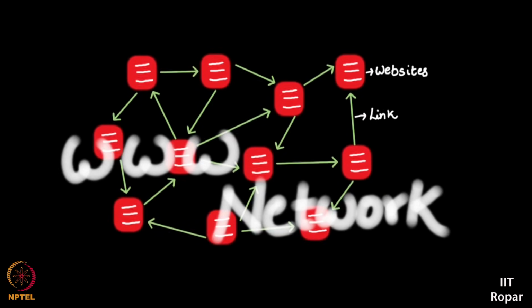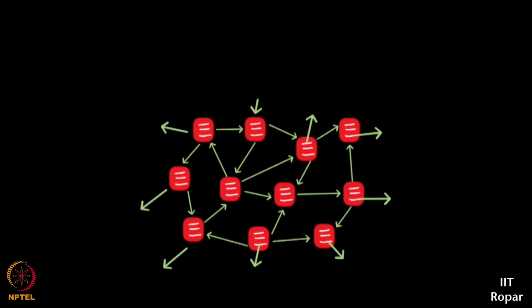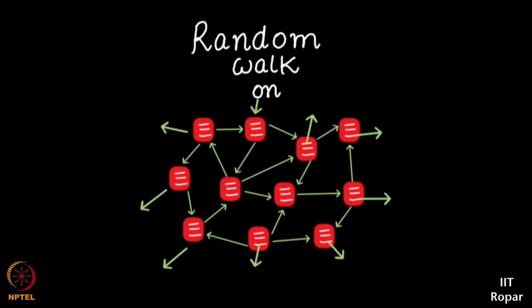So now here, what Google does is it takes all these pages of the world and runs a random walk on it. It's a huge network, you see. It takes a long time to run a random walk. Of course, with sophisticated computers, you can do this. A huge network of billions of nodes, you run a random walk and you make a note of how many times you visit a node as you are taking the random walk.